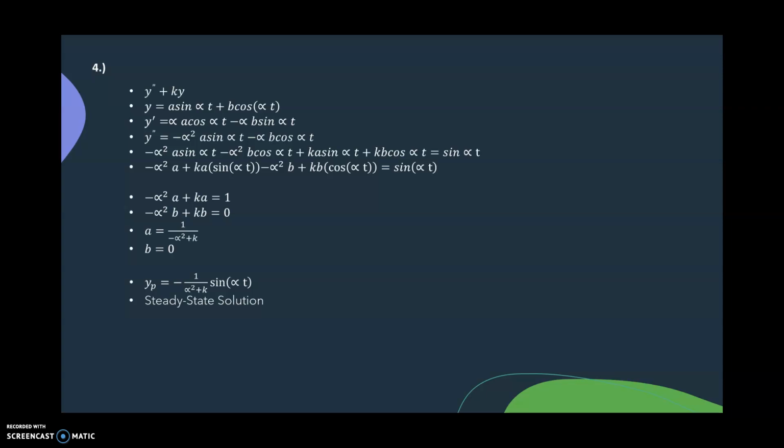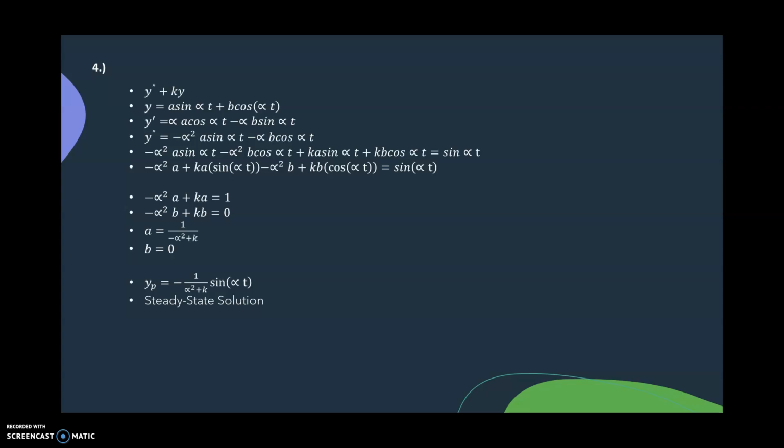Now we have to solve the ODE when b equals 0, and we're left with the second derivative of y plus k times y, and we also treat k as an unknown constant. So we also use the undetermined coefficients method for this equation, and we'll be using y equals a times sine of alpha t plus b times cosine of alpha t.